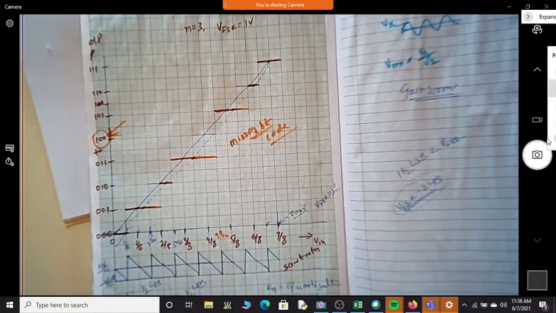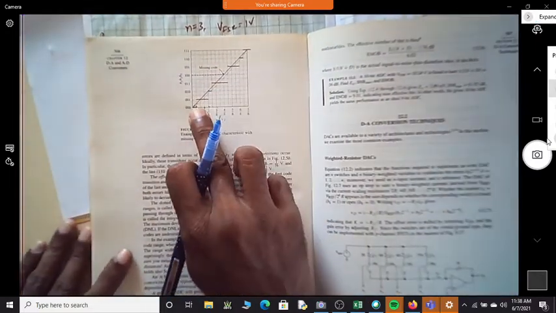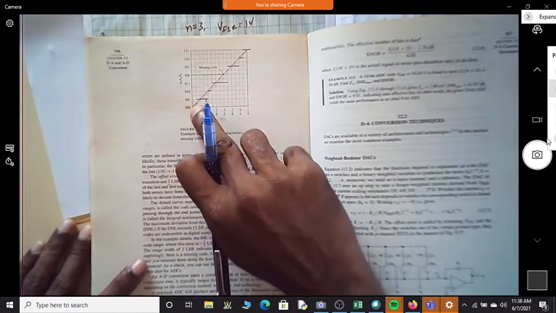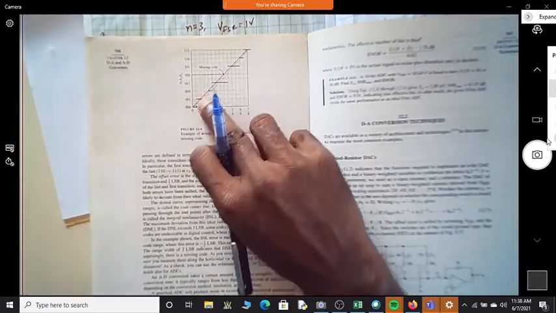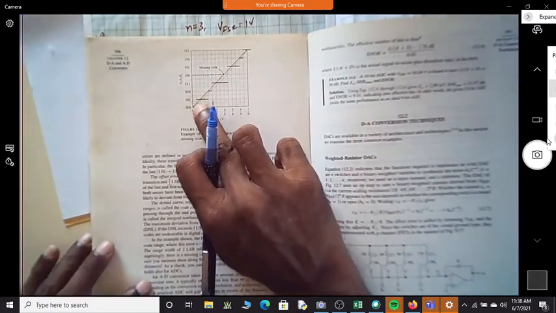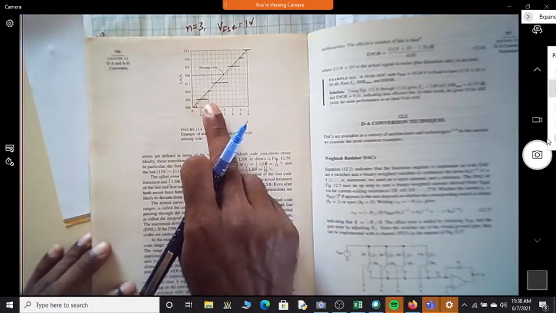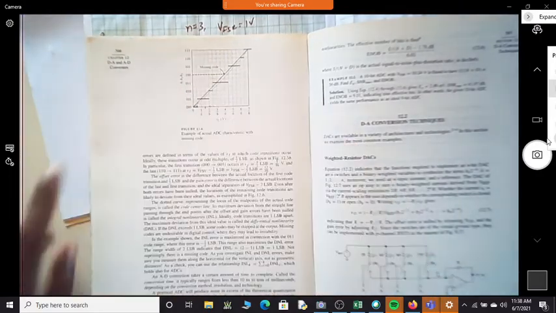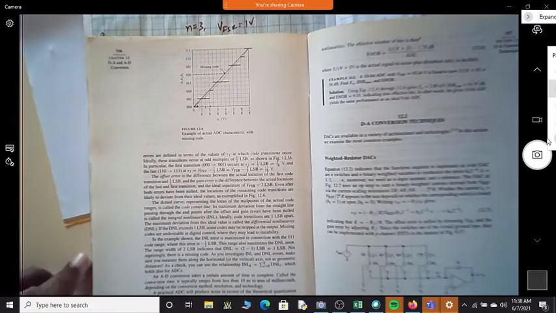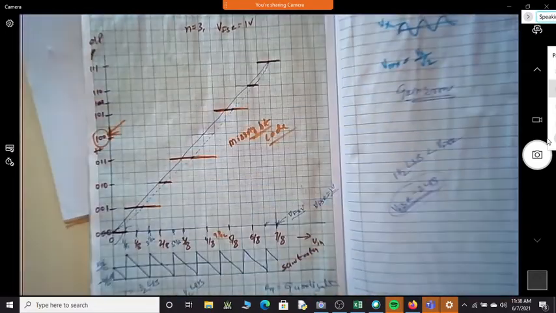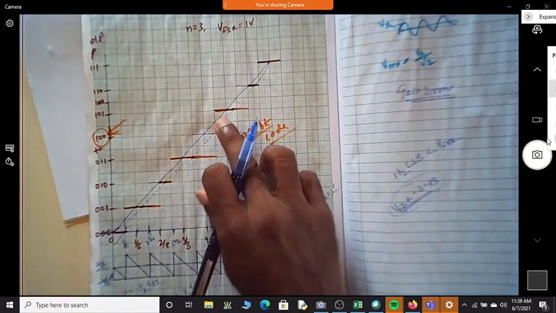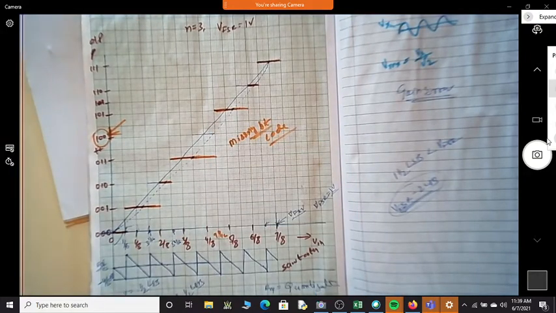Let me just show in the textbook how it is happening. This is what you are having. You're exactly having a solid line which is passing through the ideal transitions, and this is a dotted line which is passing through the midpoint of this width, midpoint of that width. Maybe I'll just share this textbook with you people. So what is this dotted line?